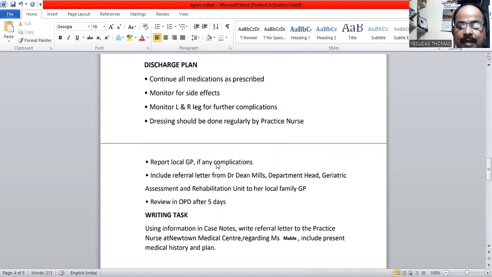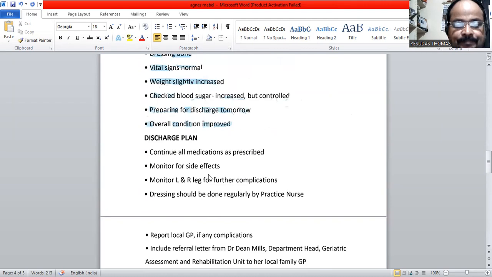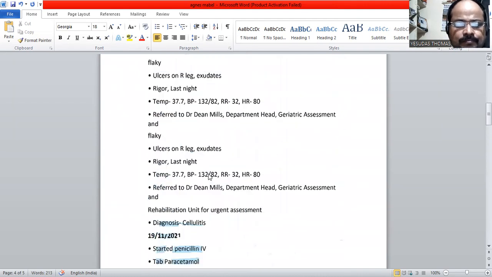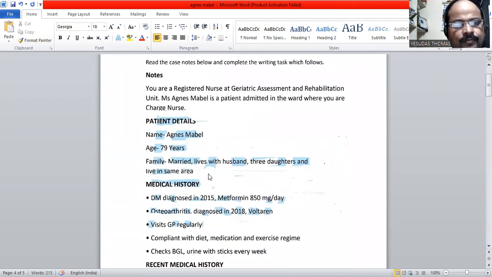You have to include the present medical history and discharge plan in the letter. Remember, we need to include the present medical history and the treatment plan.